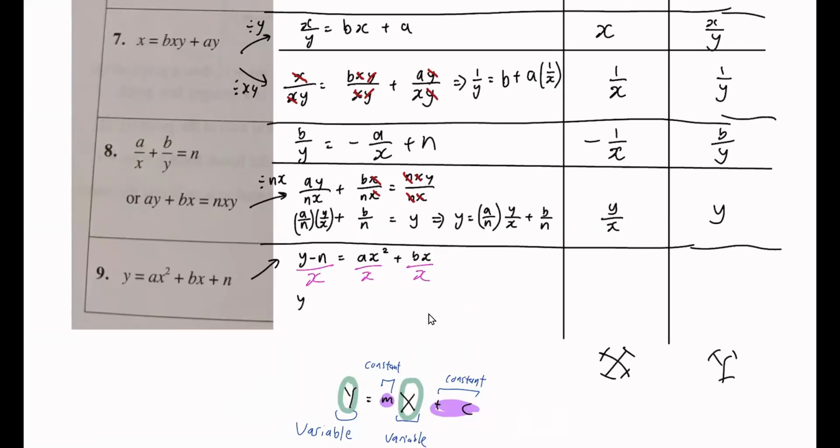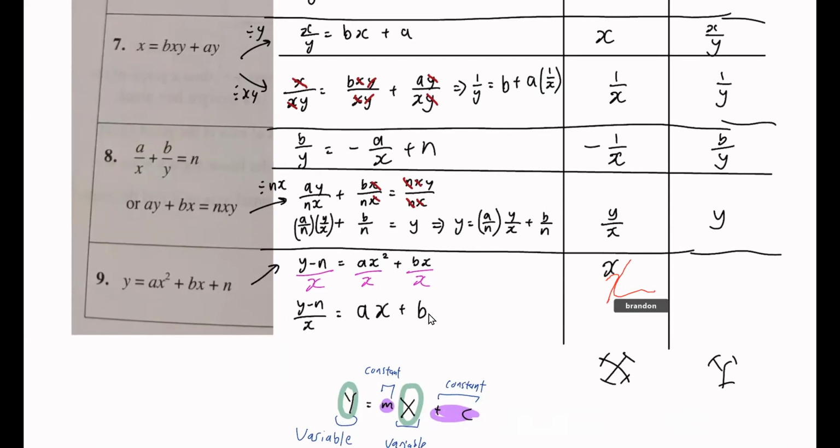You end up with y minus n over x equals ax plus b. Ax plus b. Left side is x, right side is y. So y minus n over x. Yep. So you can have a mixture of x and y's and n's constants for your capital Y and your capital X.